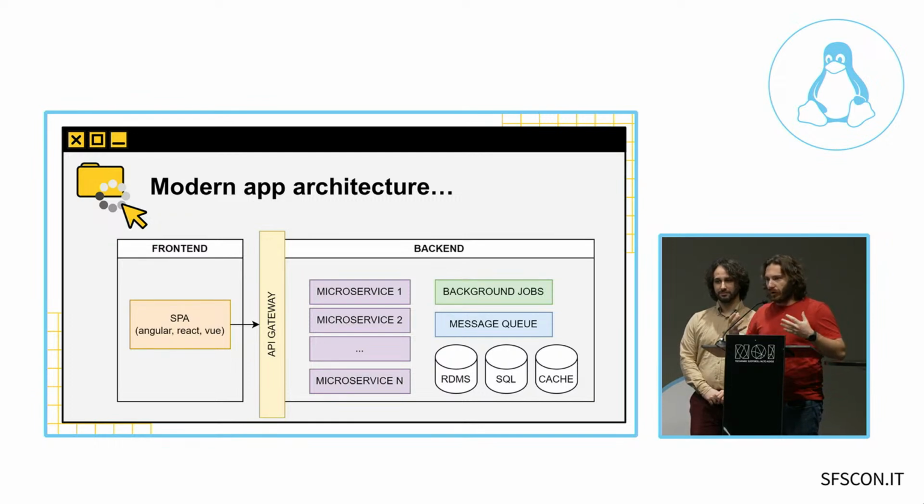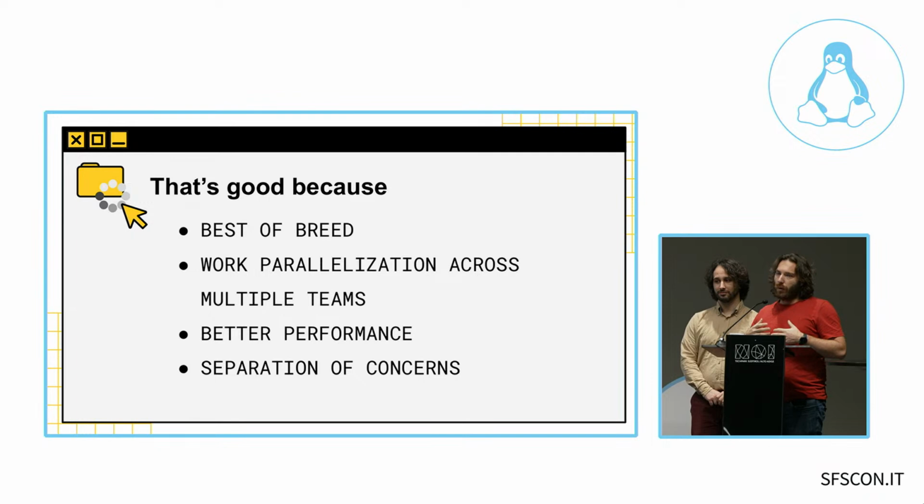That's a huge number of people, a huge number of different requirements, and a very good practice for getting some benefits, of course, because we can take the best of breed for each of the components. We can work with multiple teams that work in parallel. And moreover, we can get better performance from this architecture.